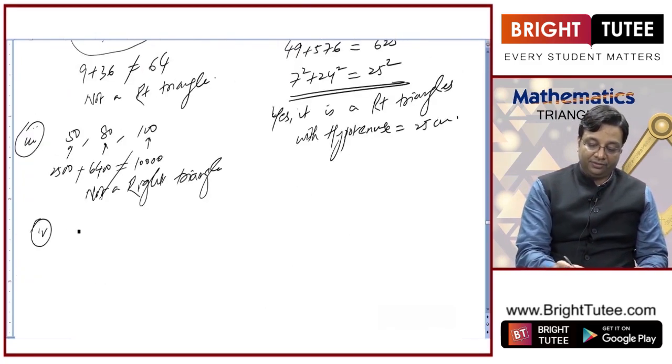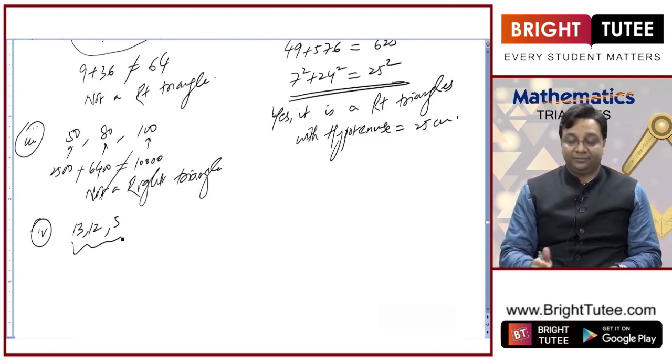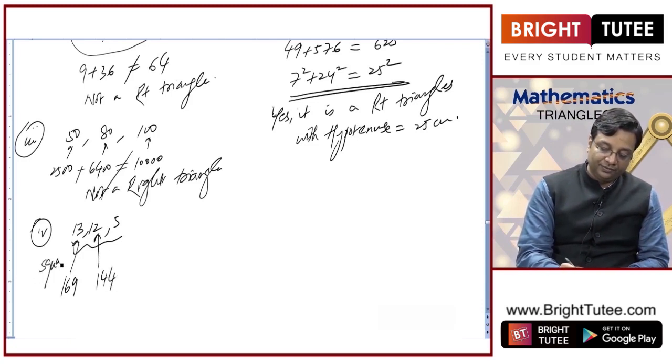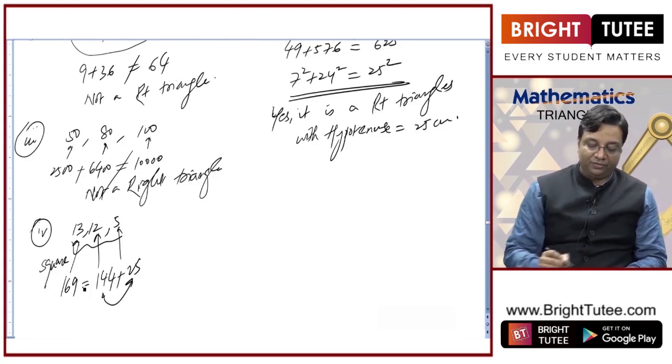13, 12, 5. So, if some of you know about Pythagorean triplets, they can easily identify that these are Pythagorean triplets. Let me tell you why. Because if you square 13, it will give you 169. Square of 12 will give you 144, and square of 5 is 25. Now, if you add these 144 and 25, you will get 169.